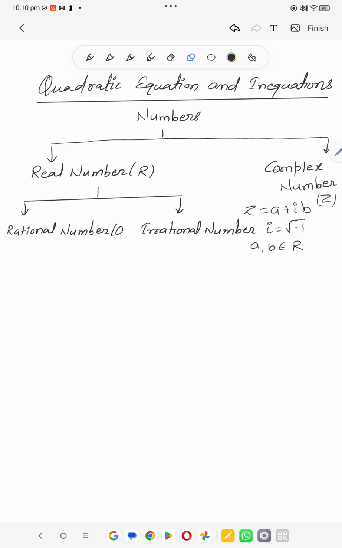Rational number is denoted by Q, and irrational number is Q dash.